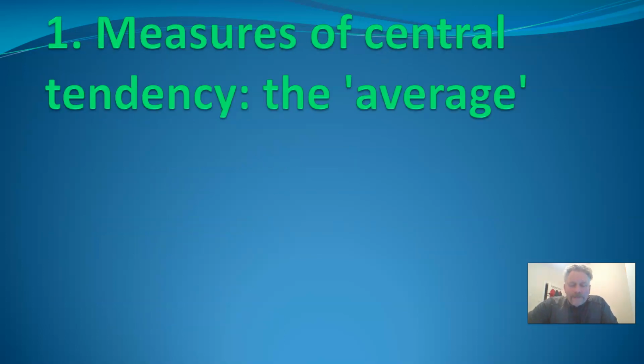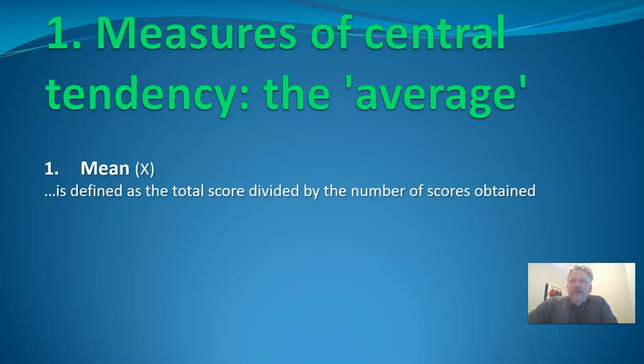So, again, we're going to concentrate on the averages to begin with, the central tendency. Where do people tend to lie? Whenever you mention the average to most people, intuitively they think of the mean average.